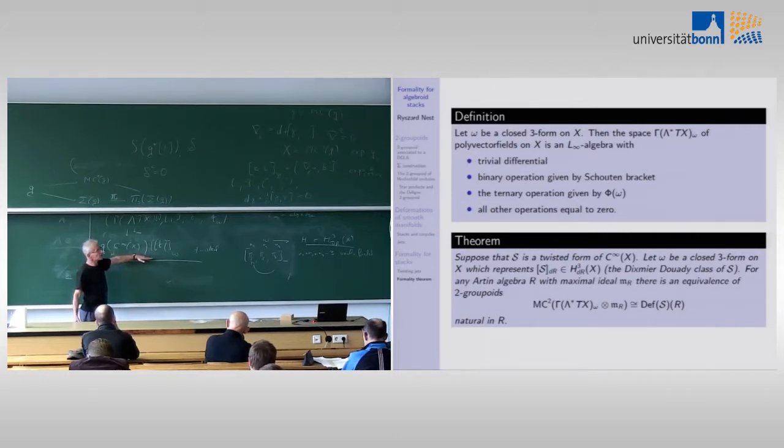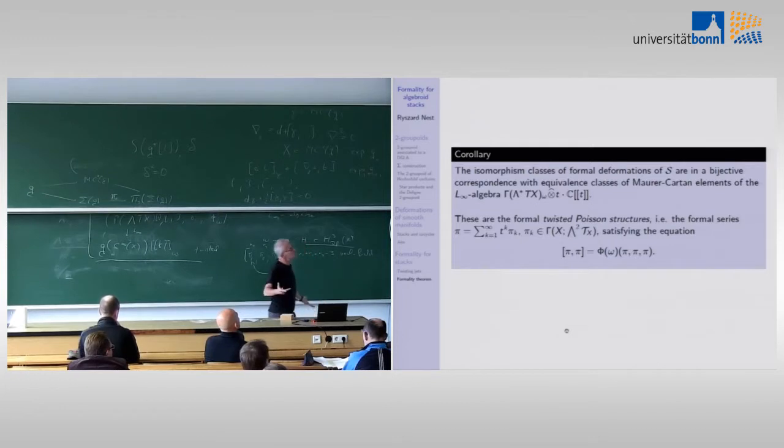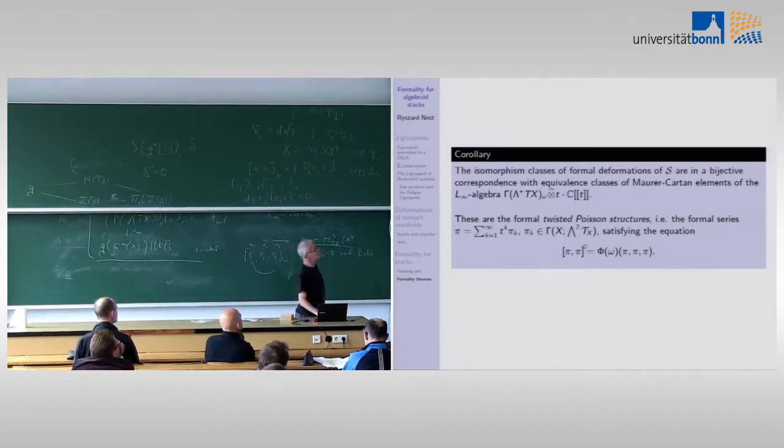Equivalence classes of Maurer-Cartan elements here are the same as equivalence classes of Maurer-Cartan elements here. And this is explicit, so that's the condition. The Maurer-Cartan element here is not a Poisson structure, but a bivector field, something of degree 1, which satisfies the Maurer-Cartan equation. So the commutator is this triple bracket.